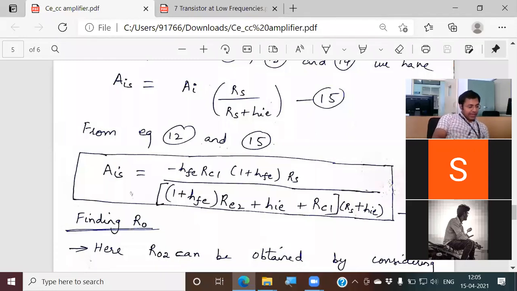The value I got is minus 7.72. Anybody getting that? Anybody got the value? Anybody getting minus 7.72? Just direct substitution, nothing else.